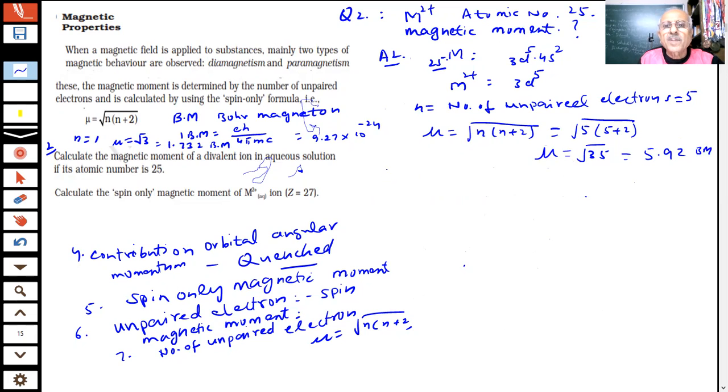Question 3 on the screen. Calculate the spin only magnetic moment of Co2+ in aqueous solution, Z is equal to 27.